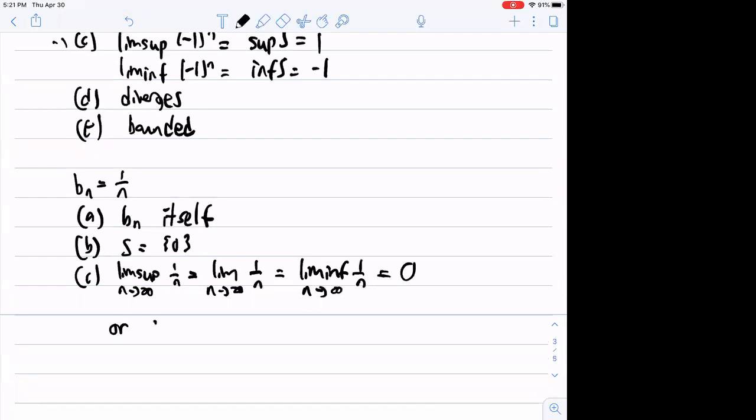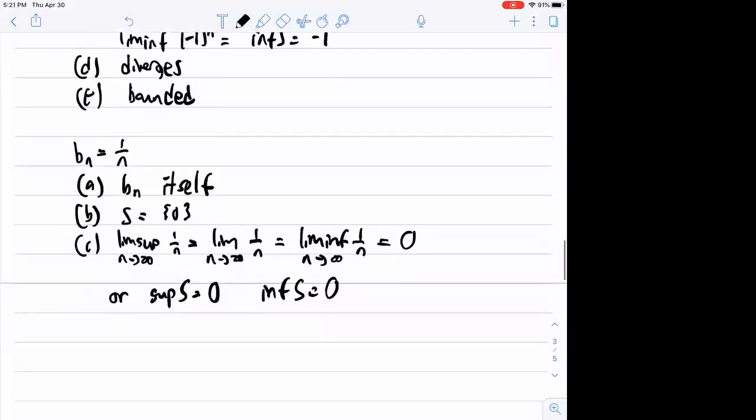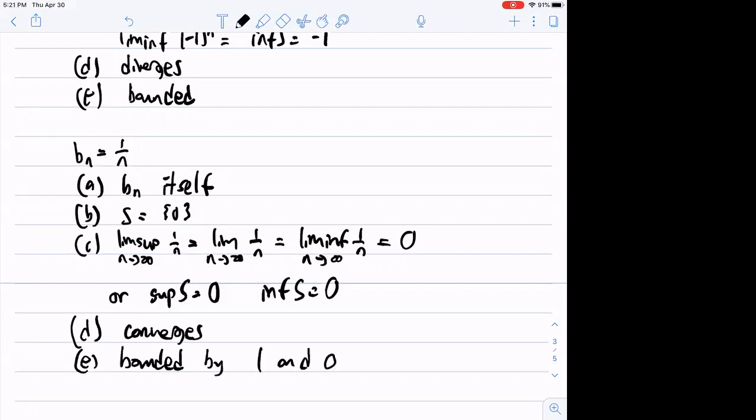Or you just calculate sup S is 0, inf S is also 0. Either way. Now D, this sequence converges. And E, it's bounded, by 1 above and 0 below.